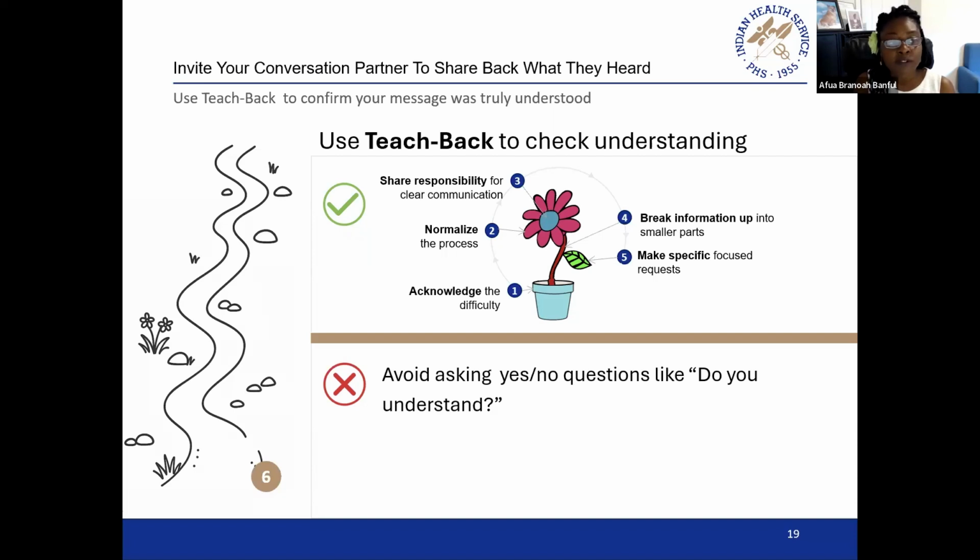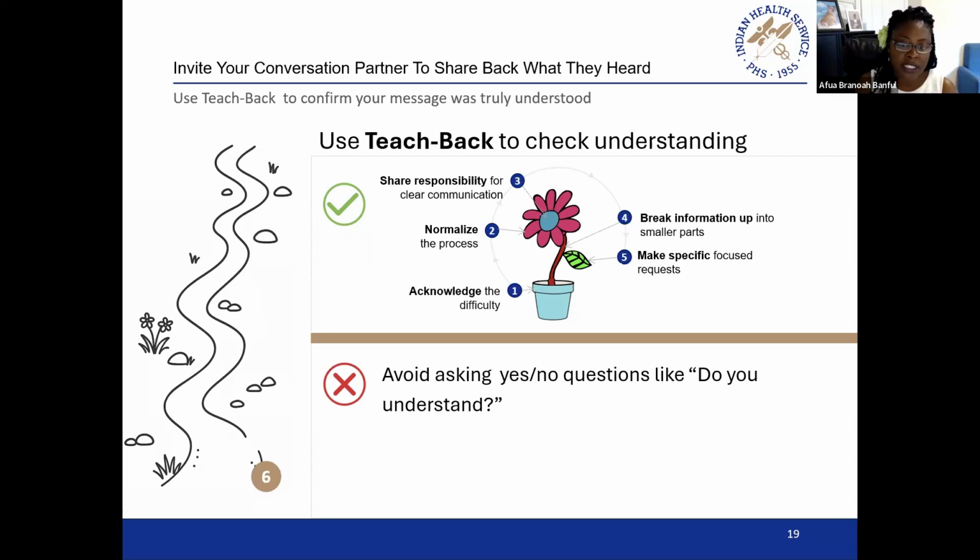Right? And breaking the information up into smaller parts, this harkens to using short sentences, but even for different parts of communication, you need to break it up so that first we are talking about your medication in the morning, your medication in the evening, different from maybe your wound care. Break the information up and then make the questions very specific and focused to them.